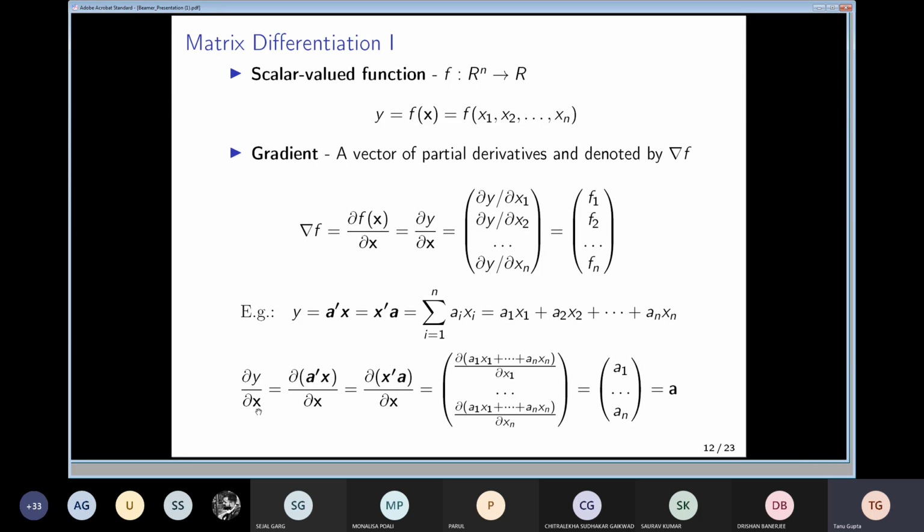Hence we stack the partial derivatives in column form, because x is a column vector and each element is stacked in a column form. Hence the partial derivatives are also going to be stacked in a column form.